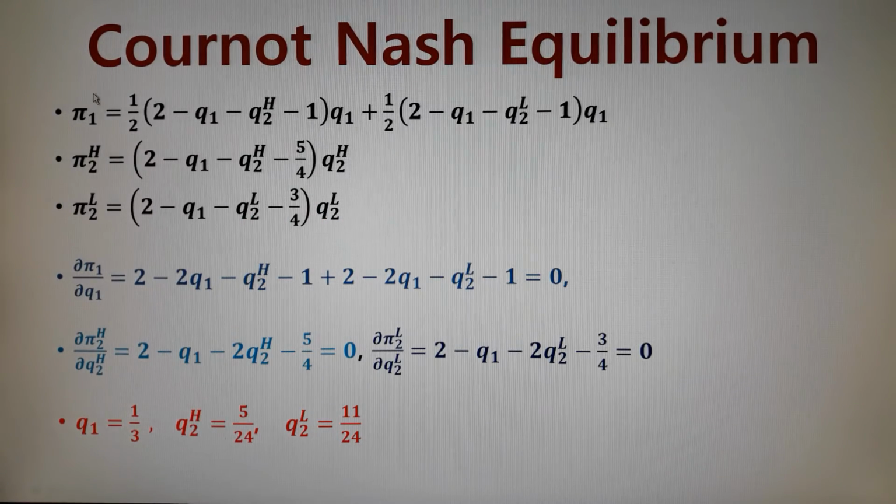Then we have pi 1H, pi 1L, pi 2H, pi 2L, and we have 4 equations with probability half here, so much more complicated. But then in the past that was in the exam, so you may try it by yourself. Okay, in that case you have to calculate 4 numbers: Q1H, Q1L, Q2H, Q2L. Okay, enjoy your mathematics.